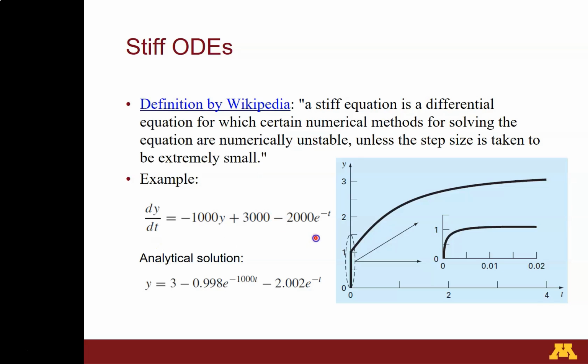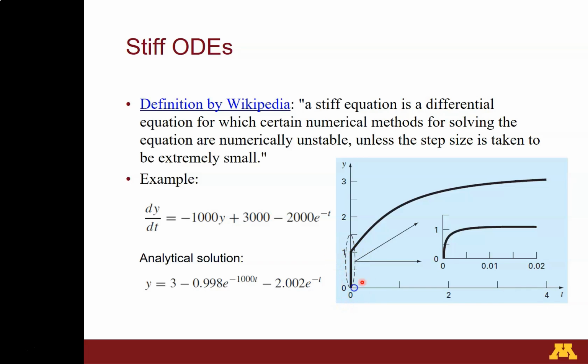Look at this example. The special case here, 100 minus 1000 times y. So this number is very large. Look at the analytical solution. Look at here, it is very steep. y changes with time very quickly in a very short time.